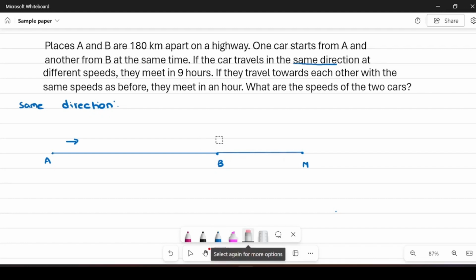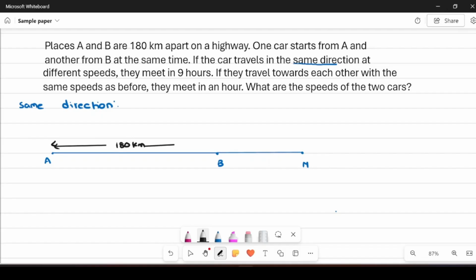Now we know that places A and B are 180 kilometers apart. That means the distance between A and B is 180 kilometers. Now we don't know the speed of the cars, right?